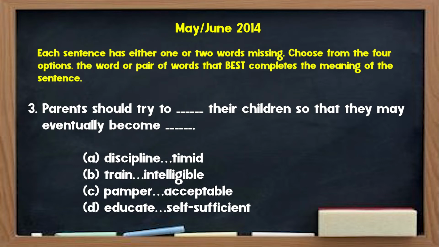Let's go on. Parents should try to something their children so that they may eventually become something. A. Discipline, timid. B. Train, intelligible. C. Pamper, acceptable. Or D. Educate, self-sufficient.